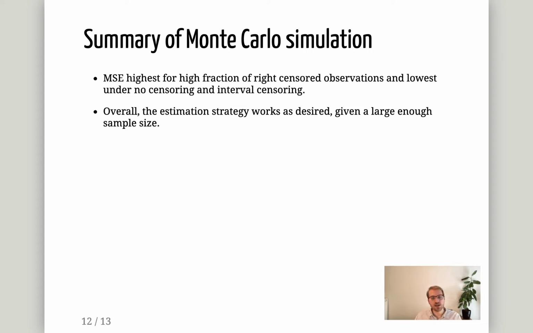I also have done a Monte Carlo simulation of the modeling strategy, where we look at how the mean squared error behaves under varying censoring schemes. In general, the mean squared error is highest under a high fraction of right-censored observations, and of course lowest when there's no censoring at all, which makes sense as there's no information loss if we have all information about the survival times.